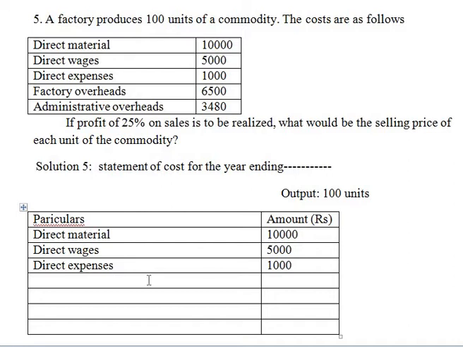Now make the total and you will get what? Prime cost. Hope everyone is understanding. So the total is how much? 16,000. Now next we will have to add factory overheads.